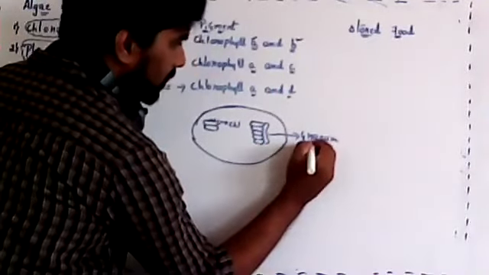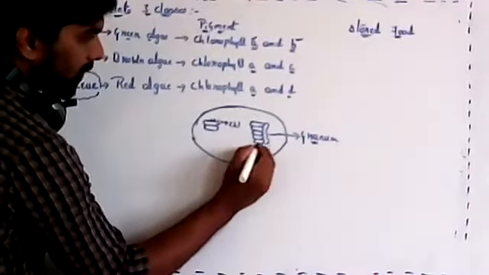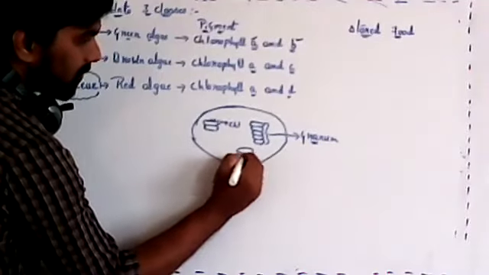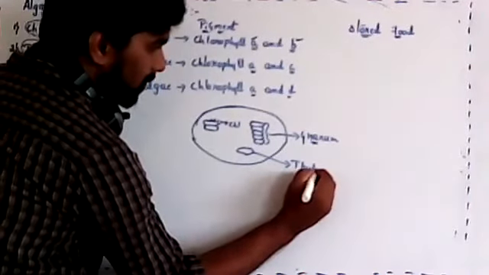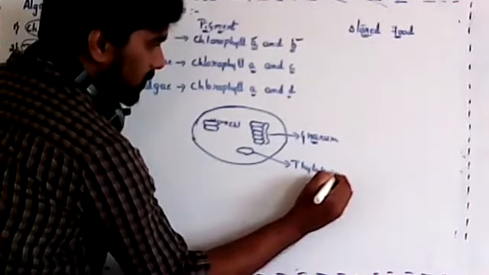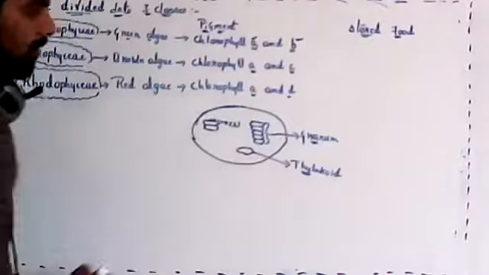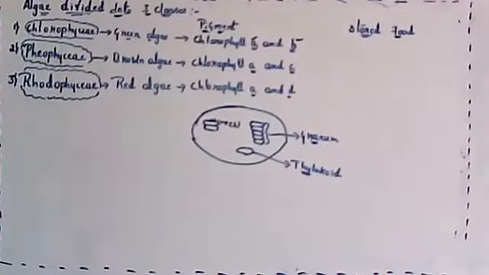Granum. So a single unit, only one if we consider like this, is called a thylakoid. Inside the chloroplast, on top of the thylakoid, chlorophyll pigment is present.